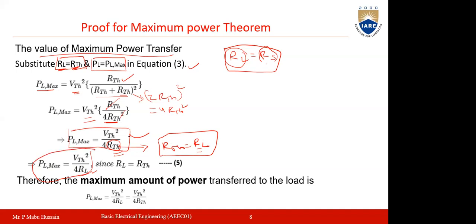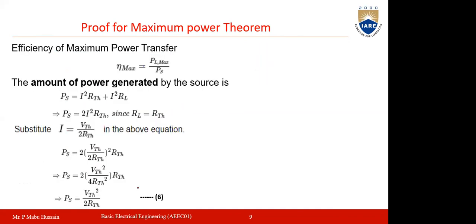If the load resistance is not given, you can use V Thevenin square by 4 R Thevenin, where R Thevenin you will determine from Thevenin's theorem. So the maximum amount of power transferred to the load from the source will be either of these equations, V Thevenin square by 4 RL or V Thevenin square by 4 RTH. So remember this equation.